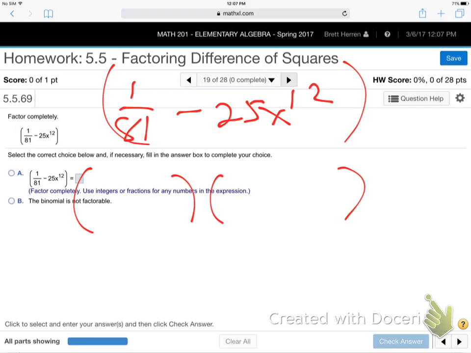So what times what? It's an FL, right? Front times front to make 1/81. 1/9, 1/9. Do you see that? And last times last to make 25x to the 12th.